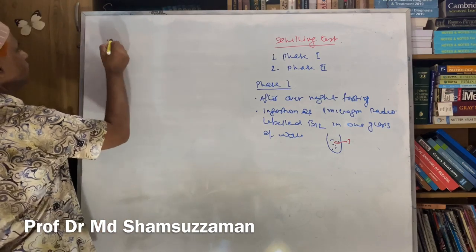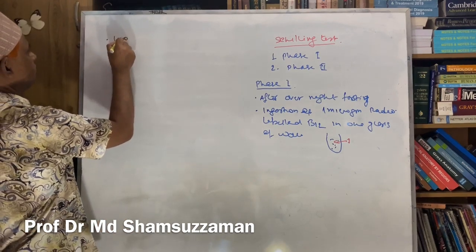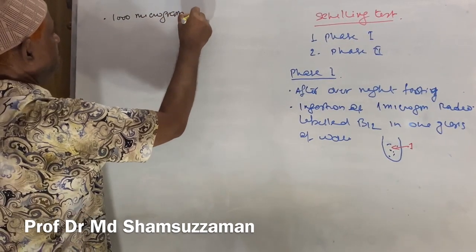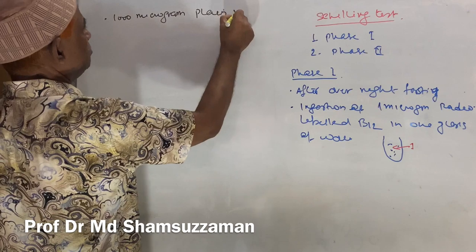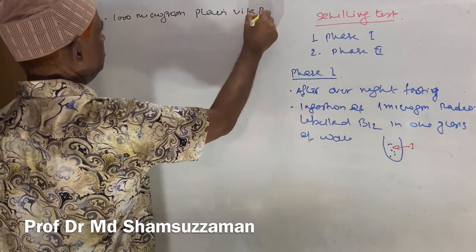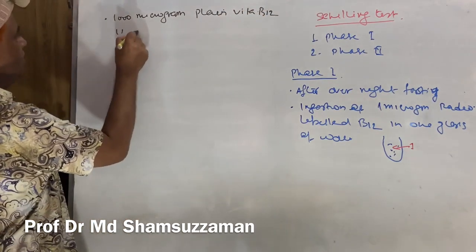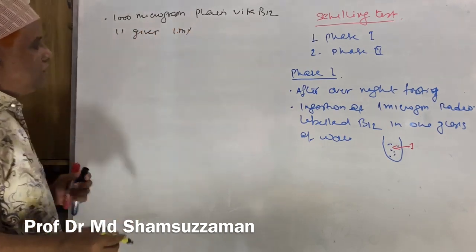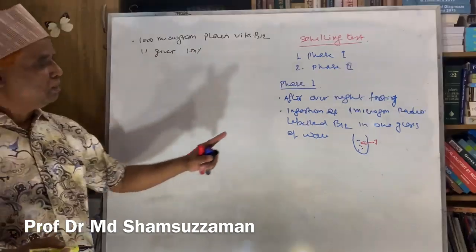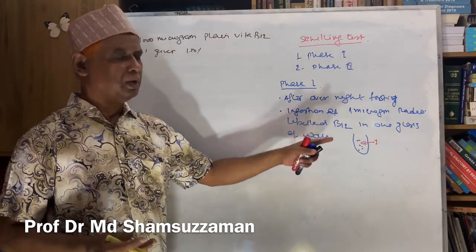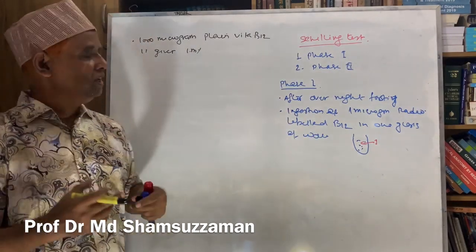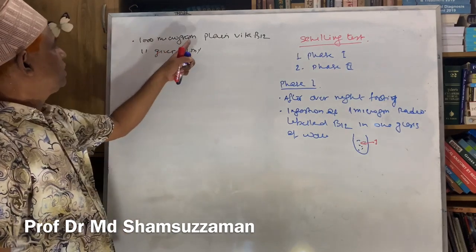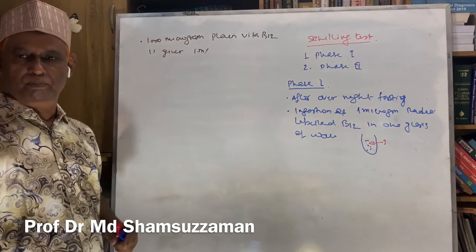Then 1000 microgram of plain vitamin B12 is given intramuscularly. So after taking 1 microgram radio-labeled vitamin B12 in 1 glass of water orally, the patient is injected intramuscularly with 1000 microgram plain vitamin B12.